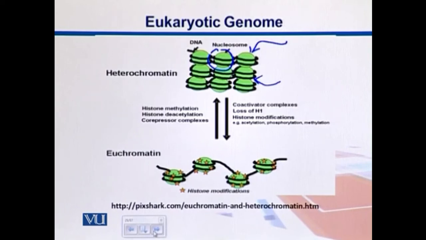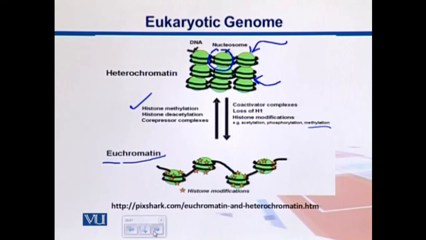There are different modifications on the DNA or on the histones that bring about those structures. Here we see them. For example, there are histone methylations in which methyl groups are added to the histones, and in that case the system moves towards this side, so it becomes euchromatin. In the same way, there are other methylations on other amino acids that can move it back in the other direction.